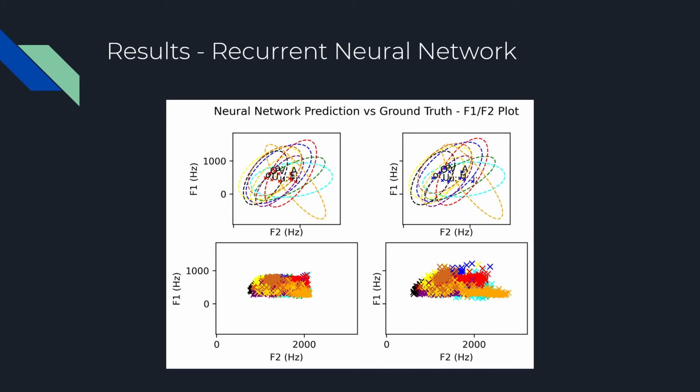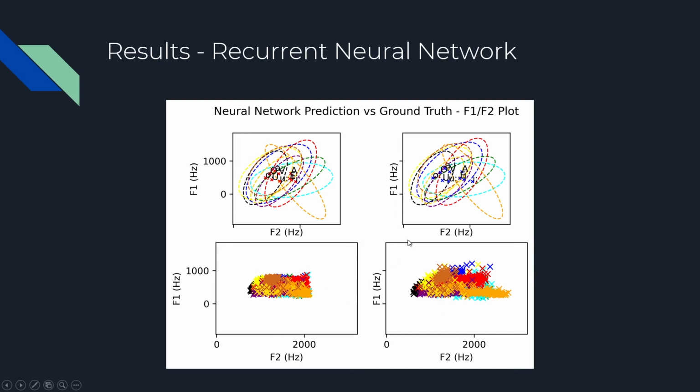But when measured using the performance in vowel formant frequency prediction specifically, we can see that the vowel space has shrunk significantly and finer details in the vowel space have been lost almost completely.